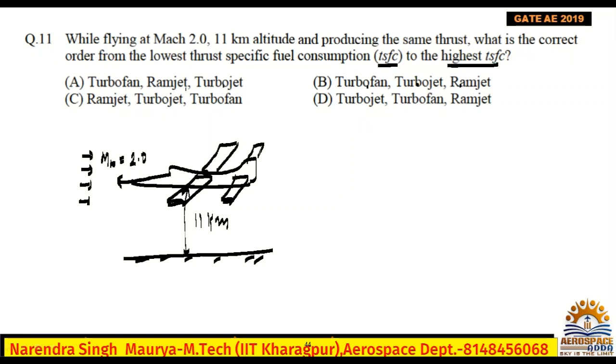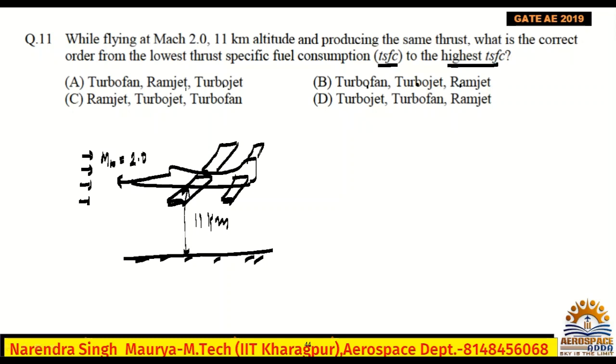And obviously all are jet engines, hence they have given TSFC, thrust specific fuel consumption. If it is a propeller powered aircraft, then definitely they will give PSFC, power specific fuel consumption. But here all the engines are jet engines, not propeller powered.